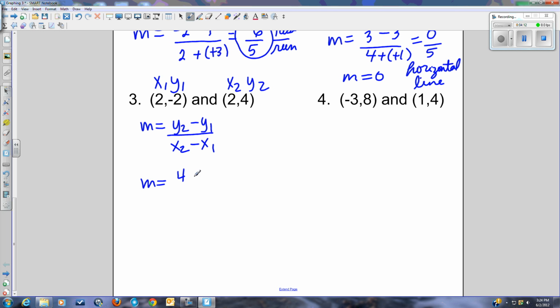So we have 4 minus negative 2 over 2 minus 2. 2 negatives in the numerator become positive, so we get 4 plus 2 is 6 over 0. Well, you cannot divide by 0. So this answer is undefined. So this has an undefined slope.